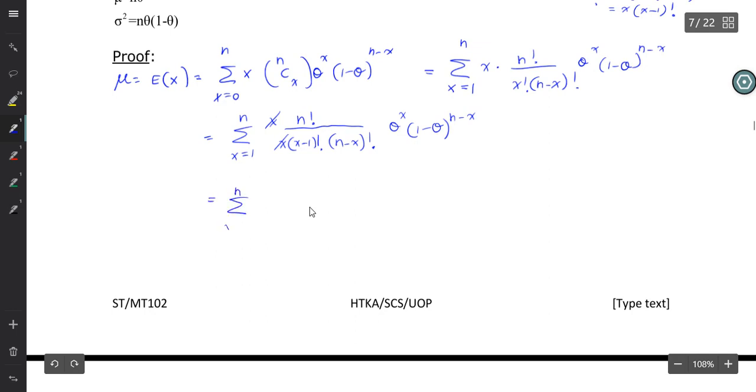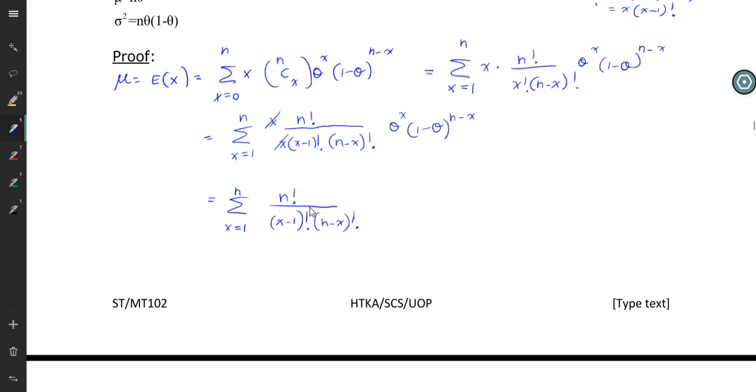You have to rearrange these terms sometimes, so that it corresponds with something we know. Now if you look at these factorial terms, you have x minus 1 factorial and n minus x factorial. If you can have these two terms in theta also, that means it becomes that binomial PMF.